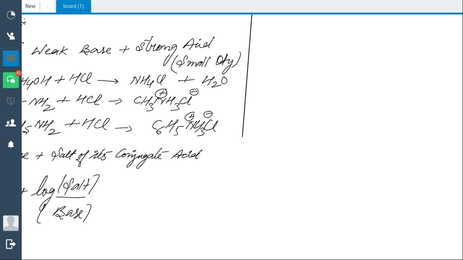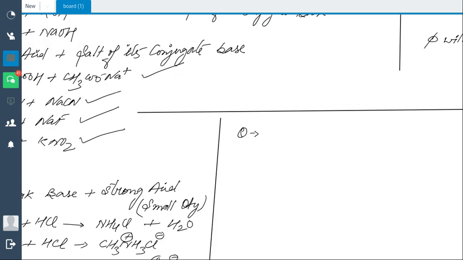The question is, a weak acid has got Ka equal to 10⁻⁴.